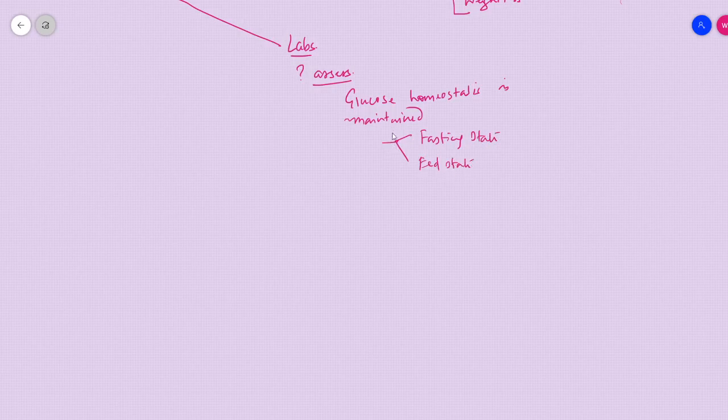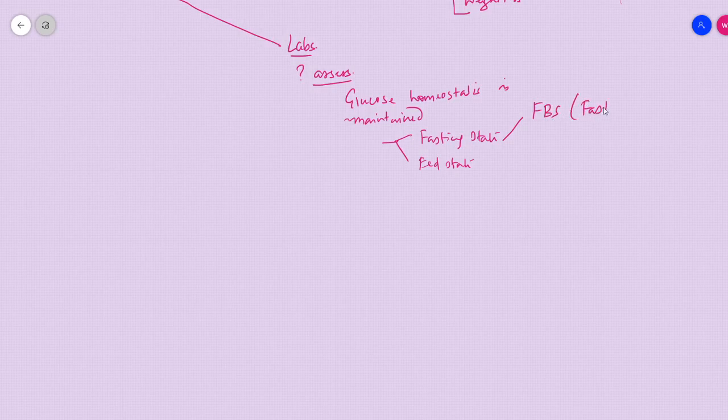The normal blood sugar is maintained both in the fasting state and the fed state. So the idea is, is the body able to maintain it in the fasting state or the fed state? If it is not, then it might be pathological. That's what we're trying to test by using labs. For the fasting state, it's not very difficult, we do a fasting blood sugar.